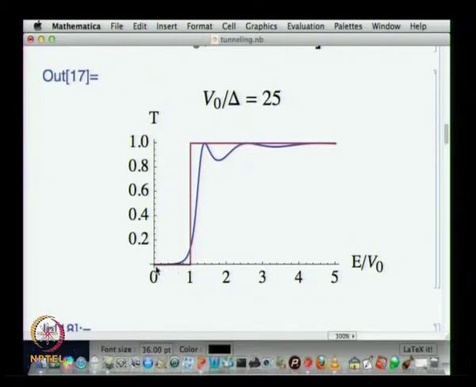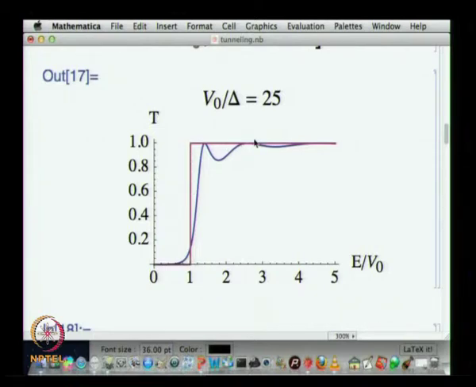In that range T will be equal to 0, and if E is greater than V0, the value of T will be equal to 1. Therefore you have a step function like appearance.